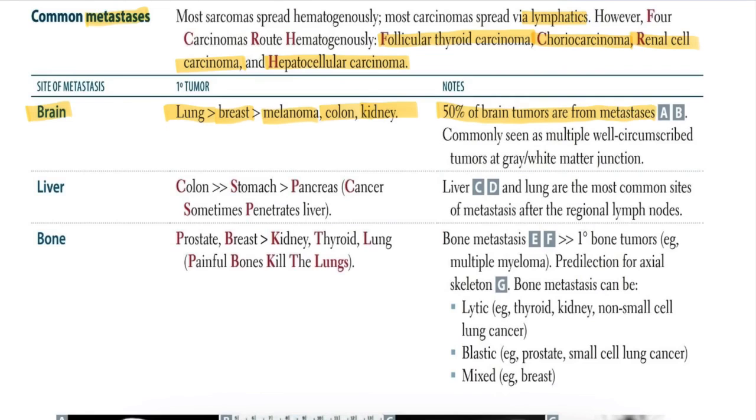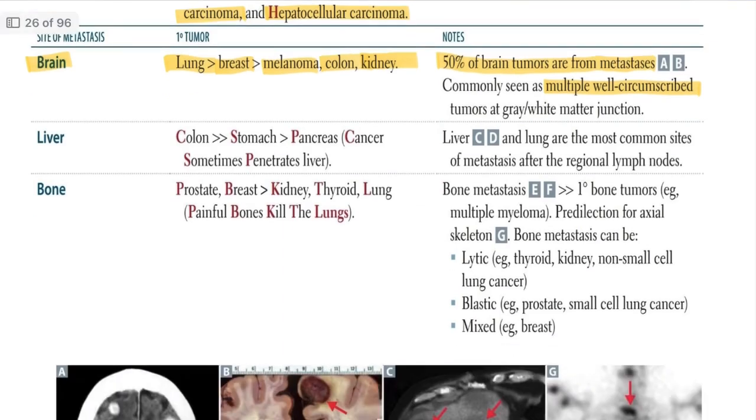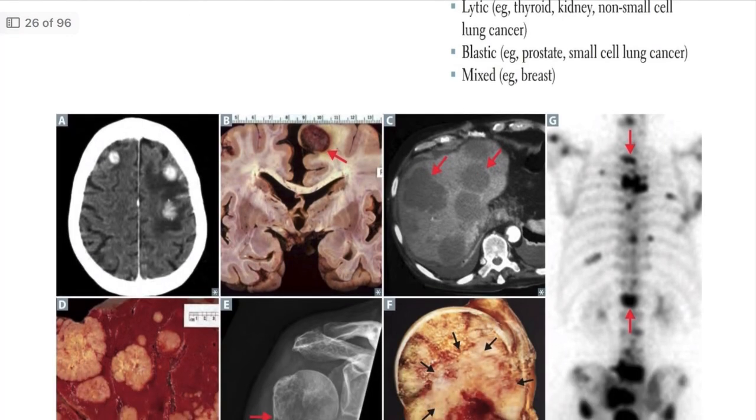They are not primary brain tumors. They usually appear as multiple, well-circumscribed lesions found at the gray-white matter junction. You can see here in image A, this CT scan shows multiple rounded, well-defined lesions with edema, this one and this one and this one.